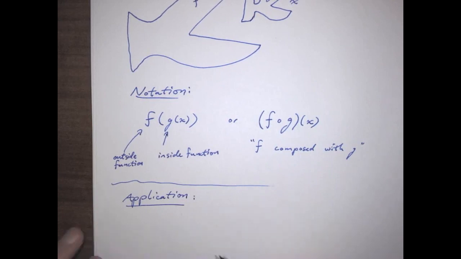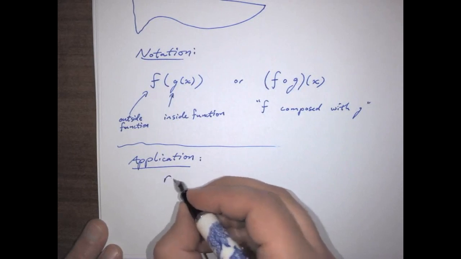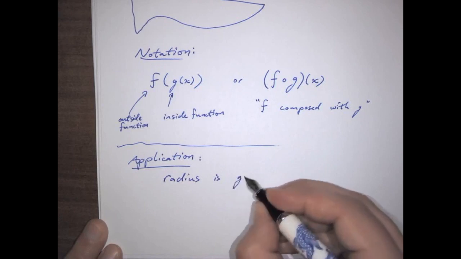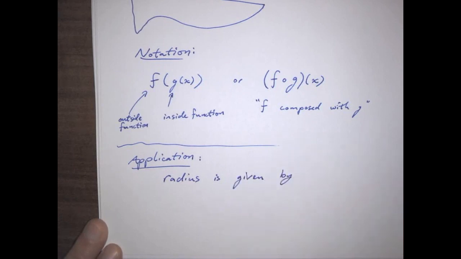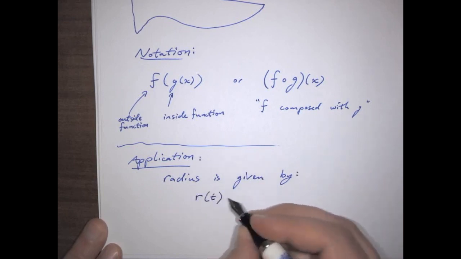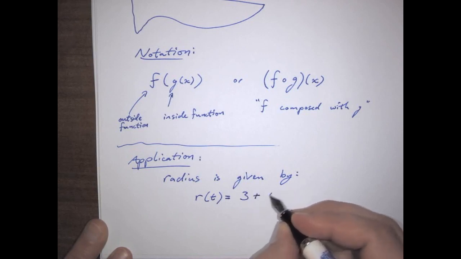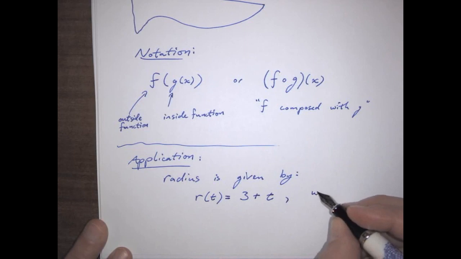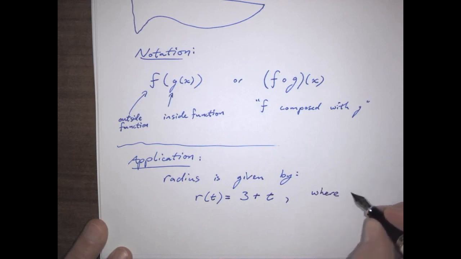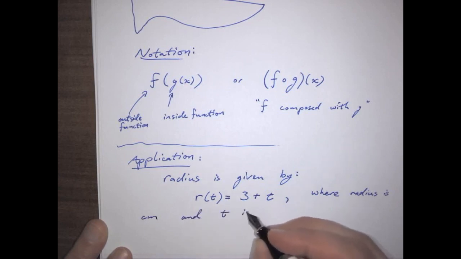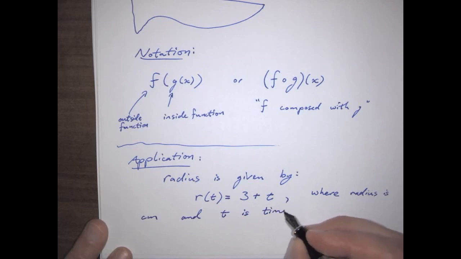One application here would be, suppose that radius is given by r of t is equal to, let's say, something like 3 plus t, where radius is in centimeters and t is time in seconds.